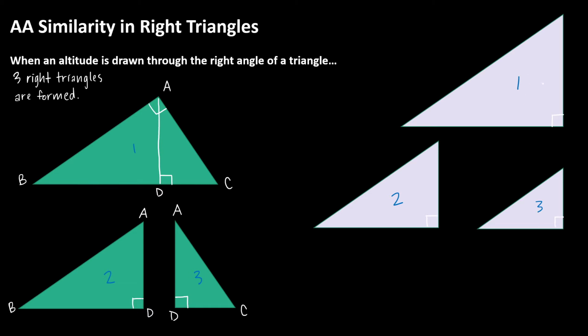So in triangle 1, angle A is my right angle, and then this is C and B. In my second biggest triangle, I have DBA, and my third is DAC.